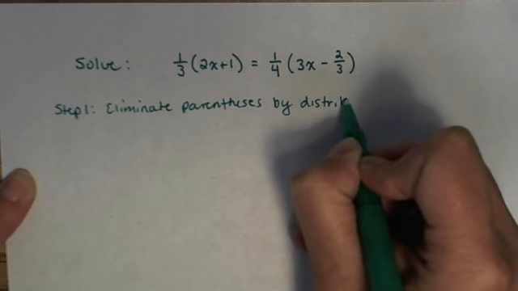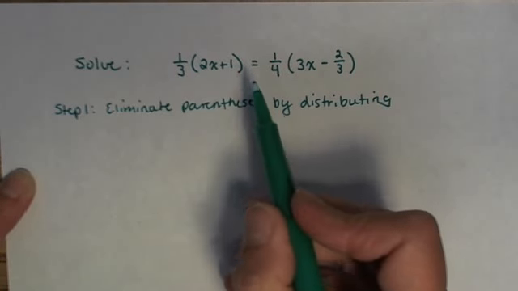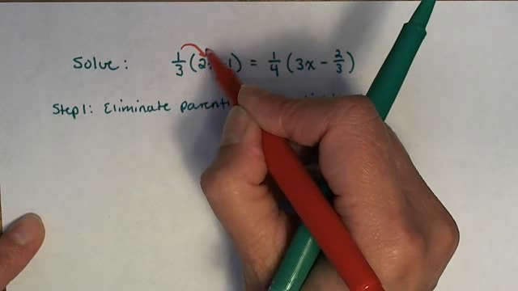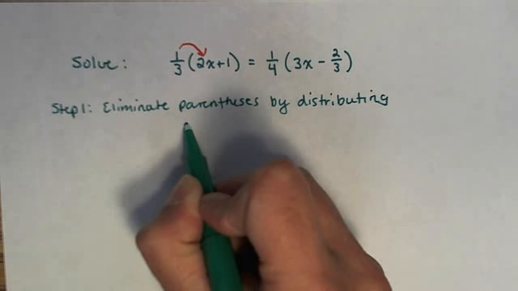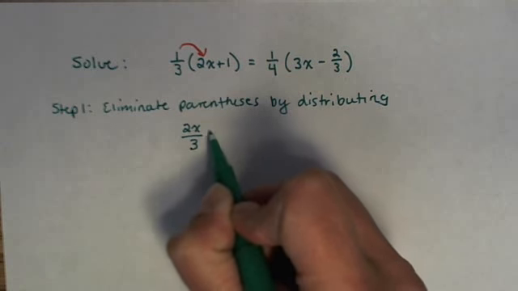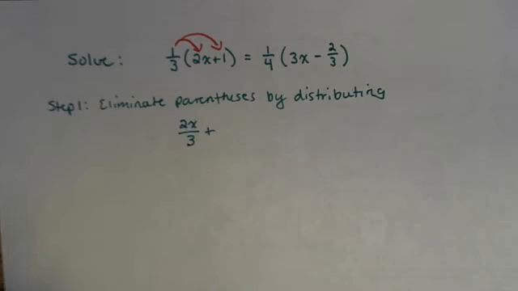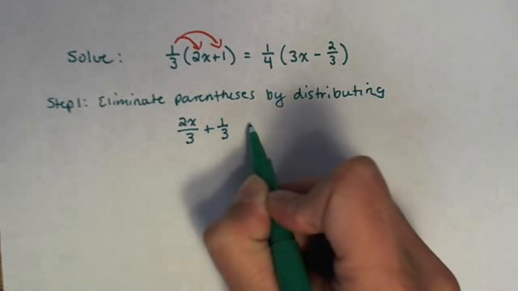So the first step I'm going to take here is to distribute the 1/3 to the 2x plus 1. So 1/3 times 2x is going to give me 2x over 3, plus the 1/3 times the 1, and make sure you always distribute to both terms, is going to give me 1/3.